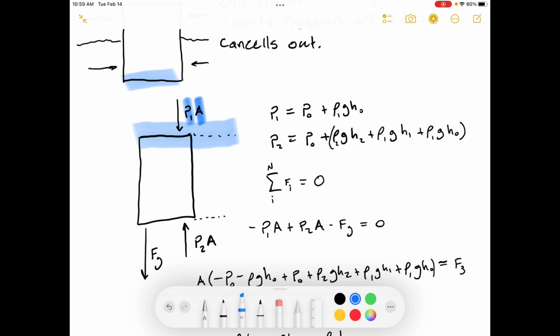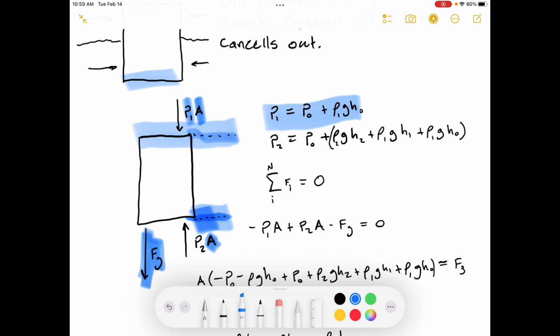Let's finish the force balance. Then we also have a pressure pushing on the bottom of the block, and it's the pressure right at the bottom of the block. And that is pressure 2, and it's multiplied by the cross-sectional area of the block A. Then we have the same weight that we did before.